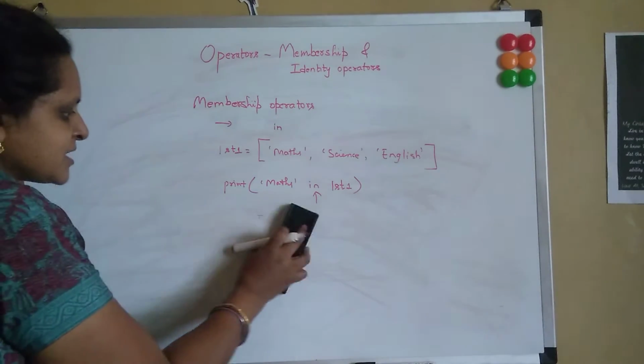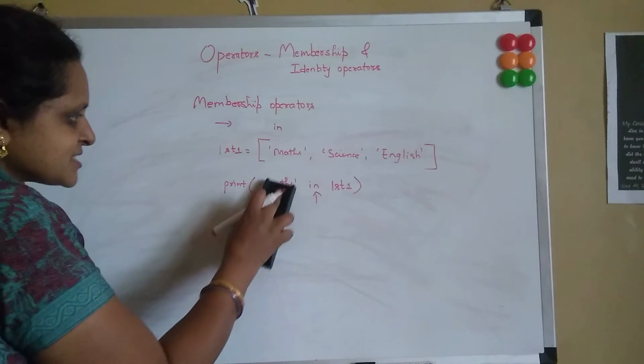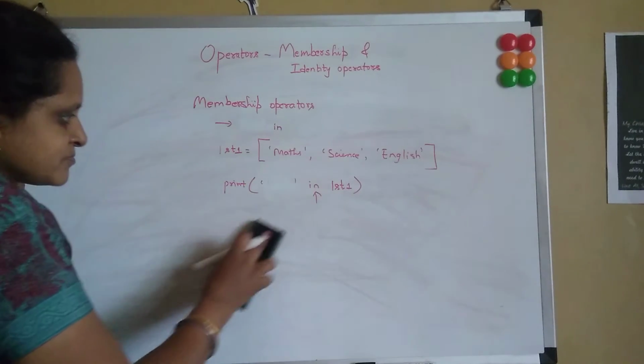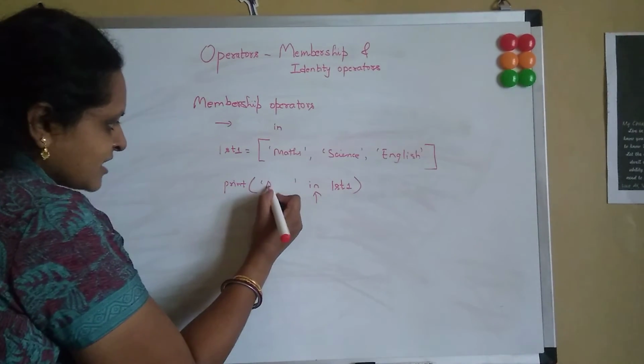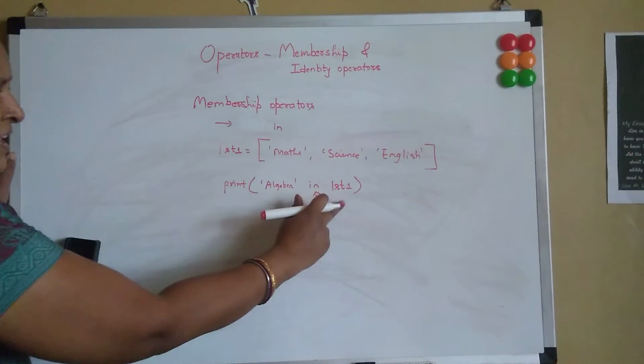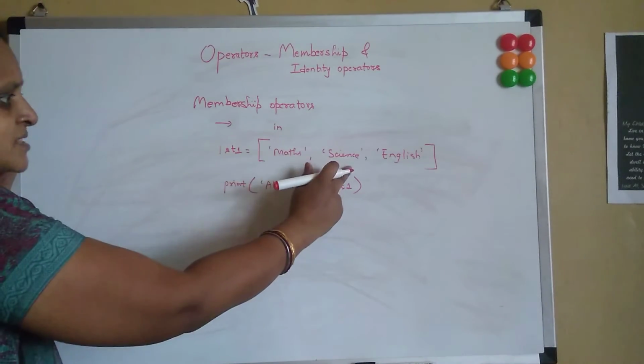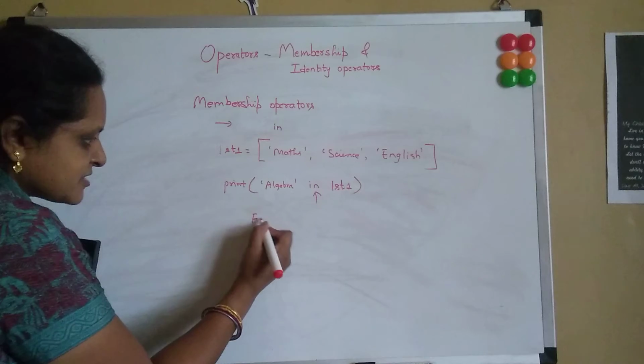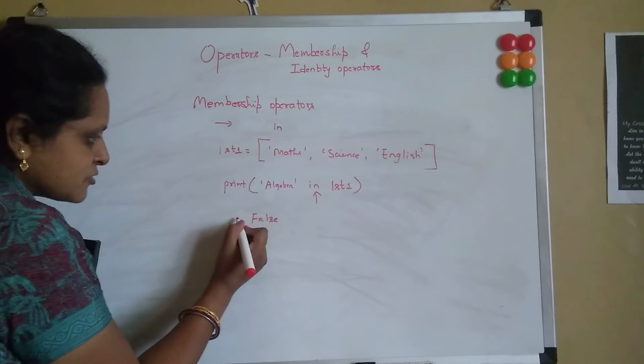Now suppose let me take a value which is not present in LST1. Let me take algebra. "Algebra" in LST1. Since it is not present in LST1, it returns a Boolean value equal to false.